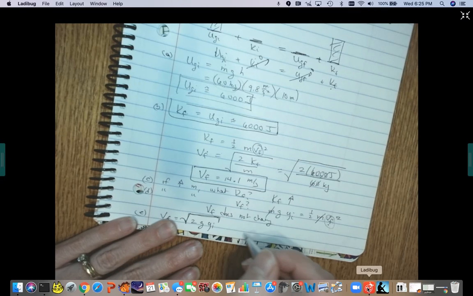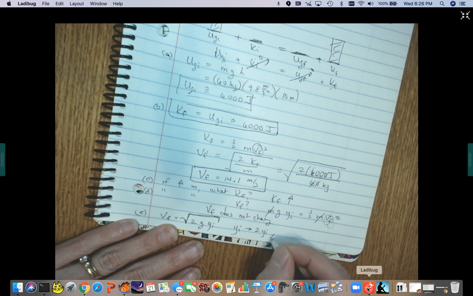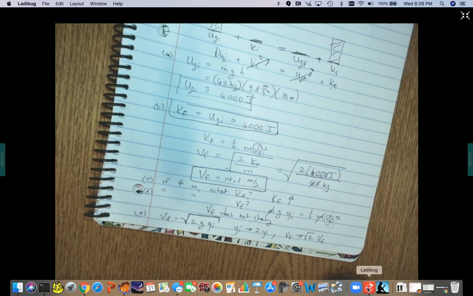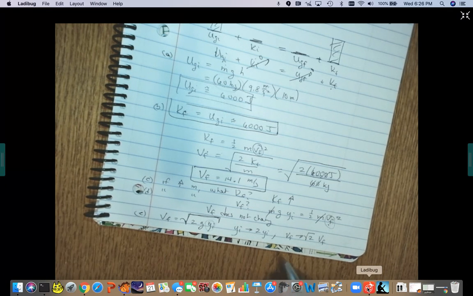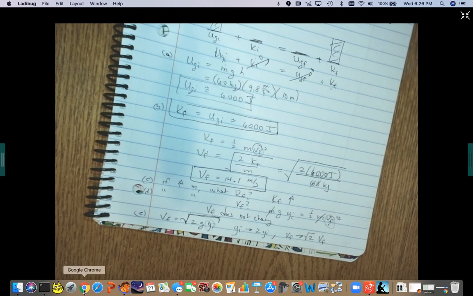So if y initial goes to 2 y initial, then my v final is going to go to the square root of 2 times the v final that I got, right? Because I'm adding a factor of 2 inside the square root, I get a square root of 2 outside. And that is that.